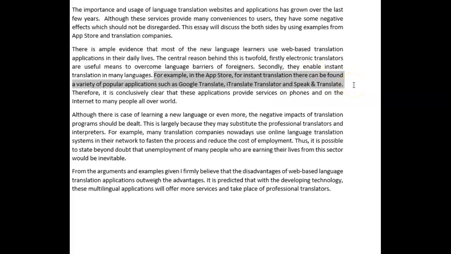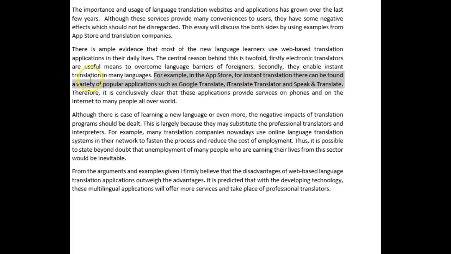You said that there are a lot of different translation apps. So, which main idea is this supporting? If you look at it a little closely, you can see that it's not supporting either of the main ideas you've expressed. Because look, you said that it's useful to overcome language barriers. So this doesn't support that. Just because there's a lot of them, it doesn't mean that they help foreigners.